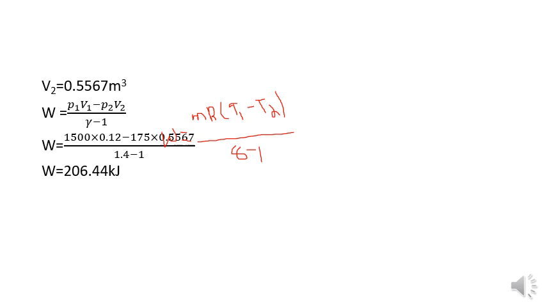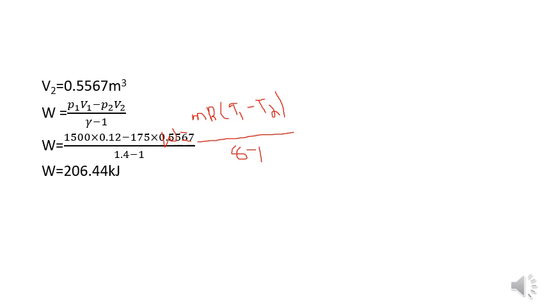Reversely, during compression the work done is P2 V2 minus P1 V1 by gamma minus 1, or MR T2 minus T1 by gamma minus 1. The relation between P, V and T: V2 by V1 whole power gamma is equal to P1 by P2 is equal to T1 by T2 whole power gamma by gamma minus 1. So these are the formulas based on the adiabatic process.